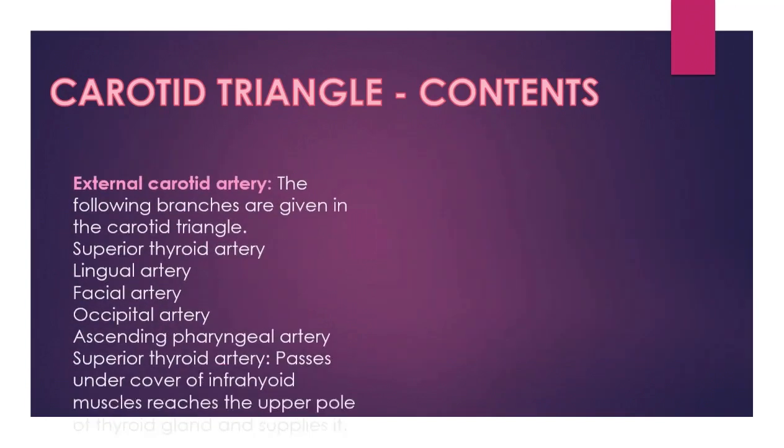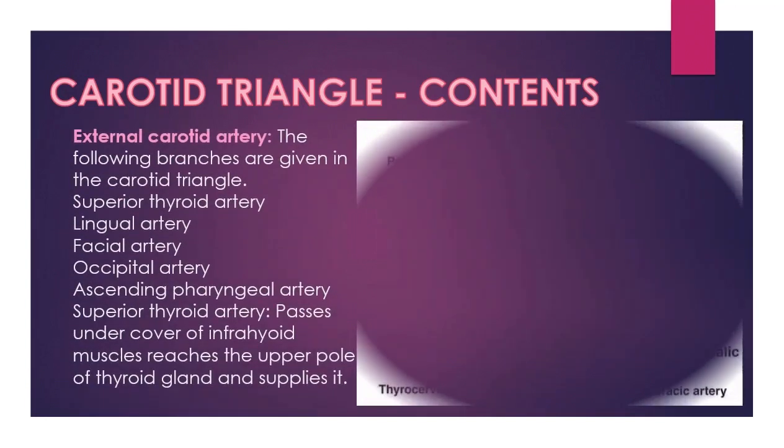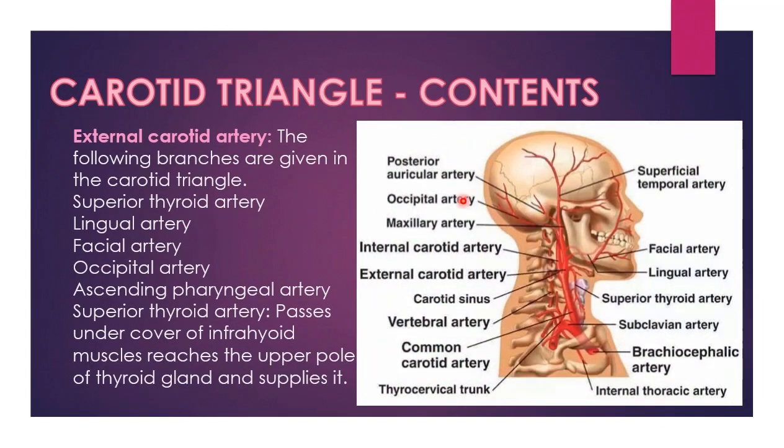So, coming to the other contents, the external carotid artery. In the carotid triangle, the external carotid artery gives 5 branches. 3 anterior branches: the first branch is the superior thyroid, then the lingual artery, then the facial artery. These 3 are the anterior branches.